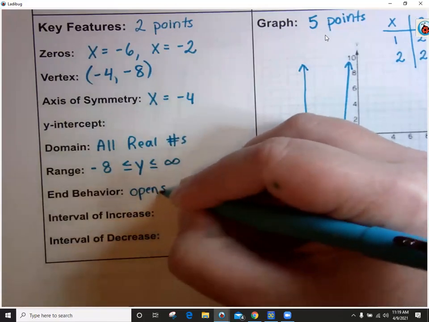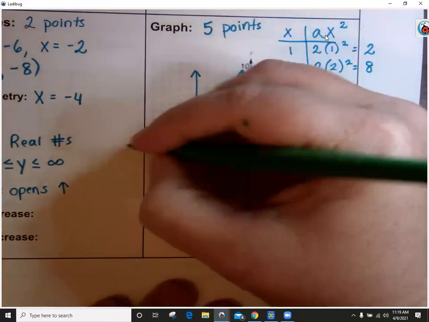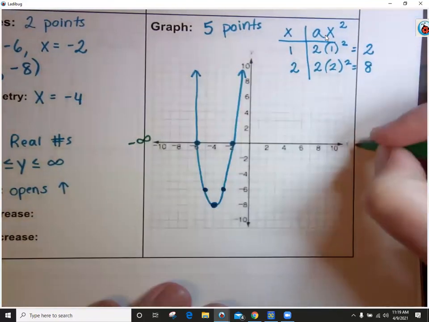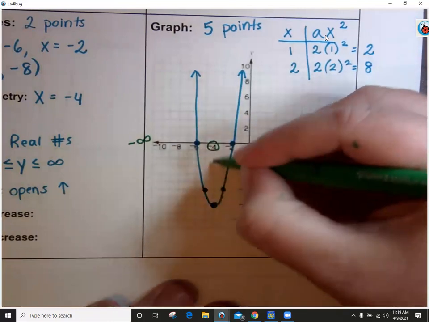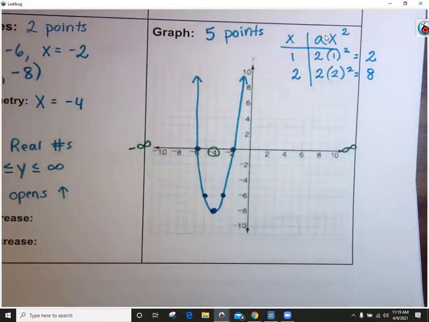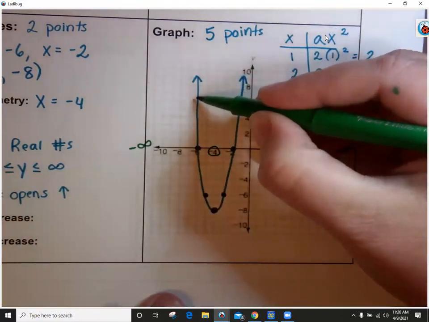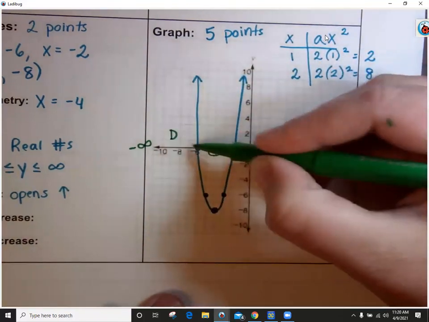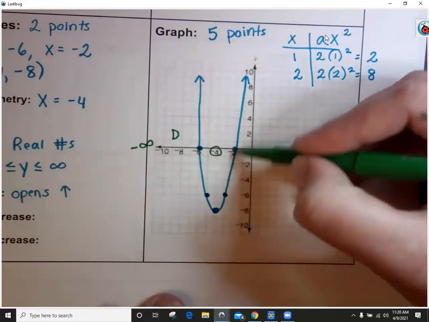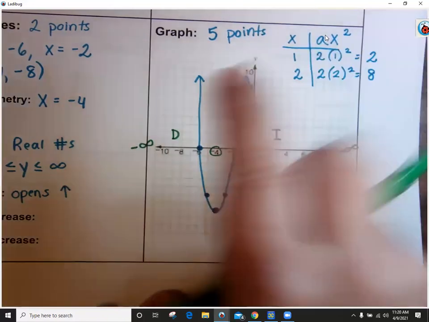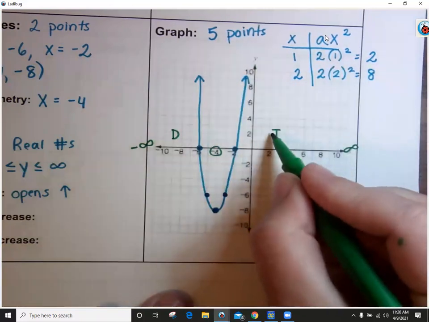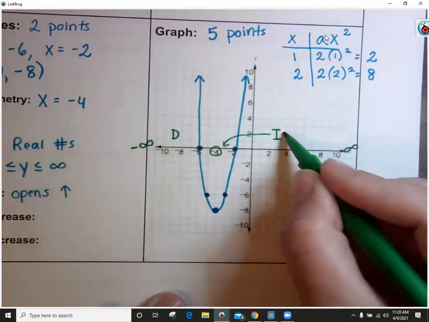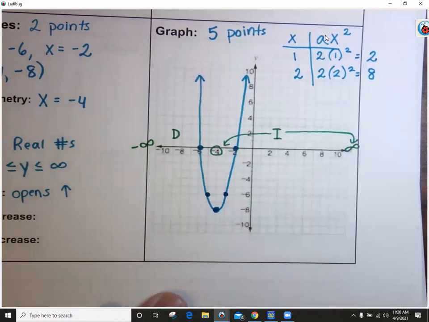And then for interval of increase and decrease, this is where I put the negative infinity out here, the positive infinity here, and then look at the axis of symmetry number, which is -4. And then I say this graph starts out decreasing, and then when it hits the vertex, it turns around and starts increasing. So it's decreasing here and increasing here. So our interval of increase is from -4 to infinity.